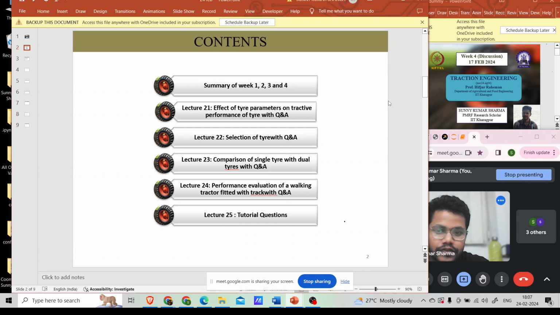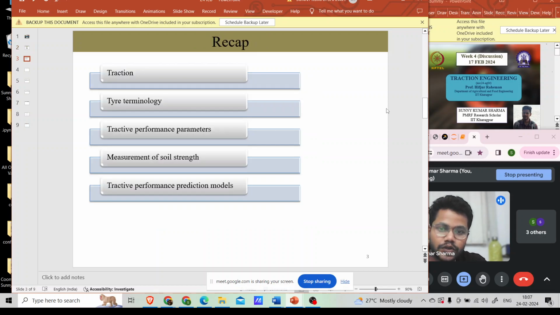Okay, let me first give you a brief of week 1, 2, 3, and 4. In the first week, we learned what is traction, in which we have seen four types of wheel. What are those four types, Sivaraman? Can you tell? Do you remember?